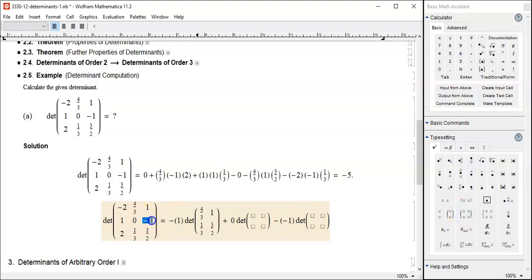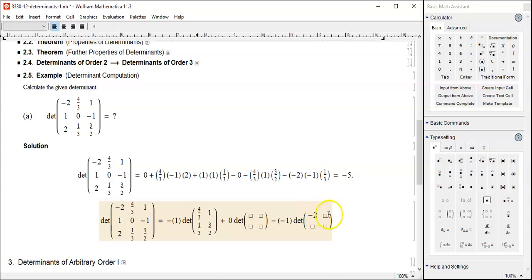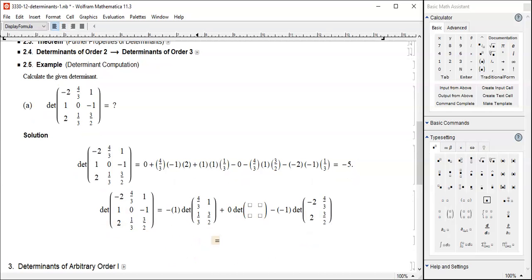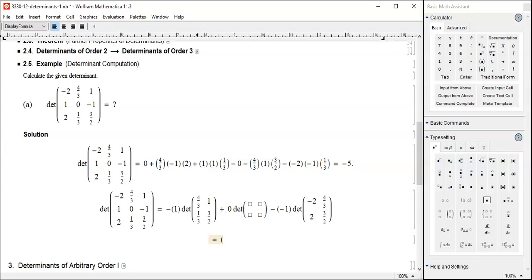Let's see, we are taking this number, so cross out all the third column where this belongs, and also the second row. So what's left will be -2, 4/3, and then 2, 3/2, and then let's continue our computation.